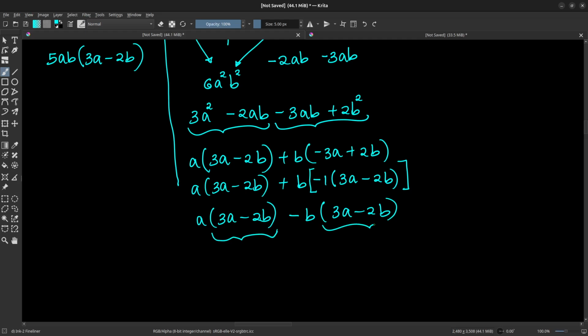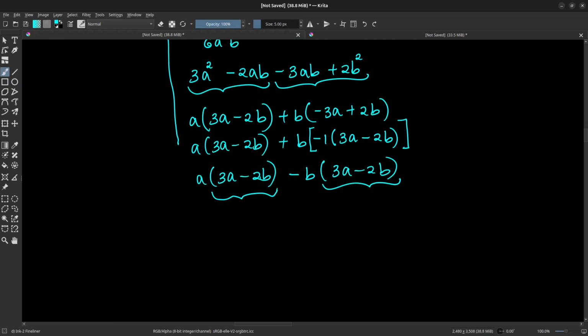Let's factor out 3a minus 2b. The first expression divided by 3a minus 2b gives us a, and the second gives us minus b. So this is the simplification of the denominator.